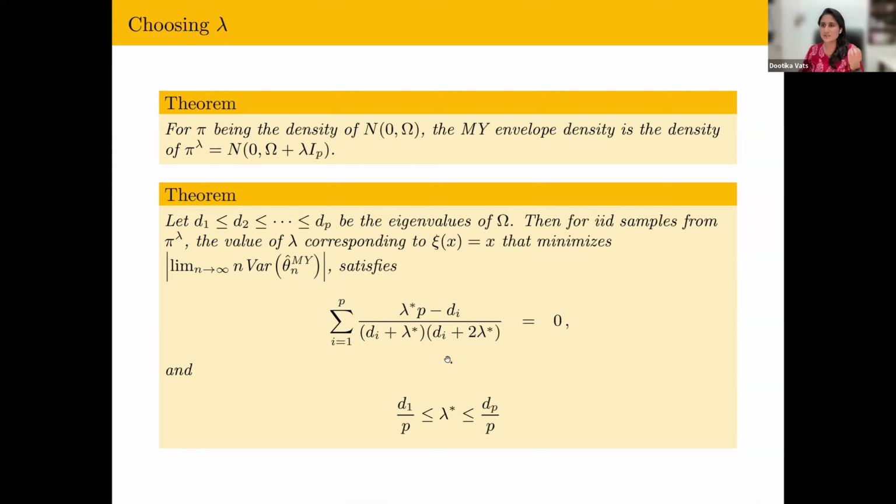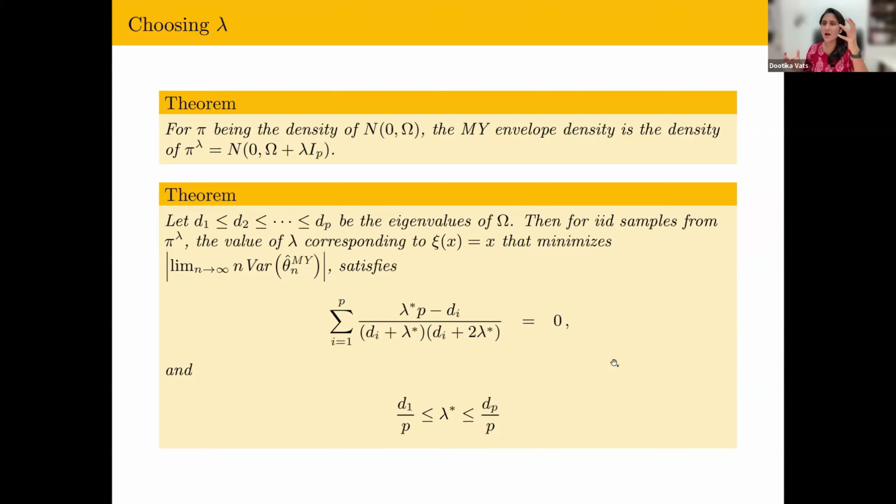But what we were able to show is that the optimal lambda lies between D1 by P and DP by P, which basically means that it's bounded above and below by the smallest eigenvalue and largest eigenvalue divided by the dimension, which then says that optimal lambda scales linearly with dimension, right? And that gives us, again, an intuition that sort of makes sense.